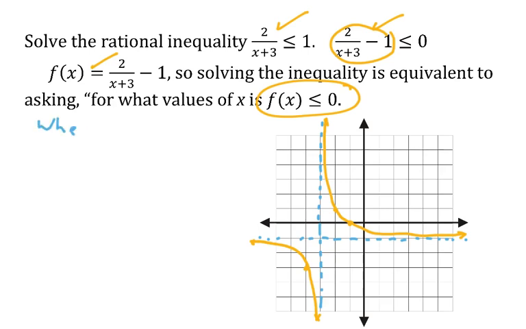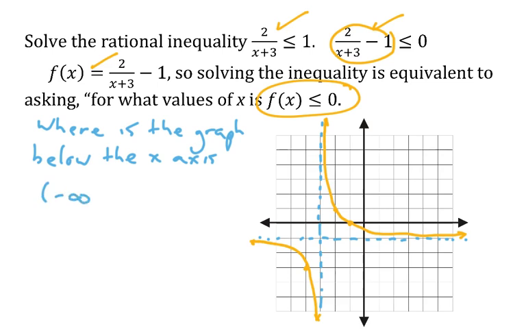That's really asking where is the graph below the x-axis. And if you're looking at the values of x where that happens, you can see that the graph is below the x-axis from negative infinity to negative 3.